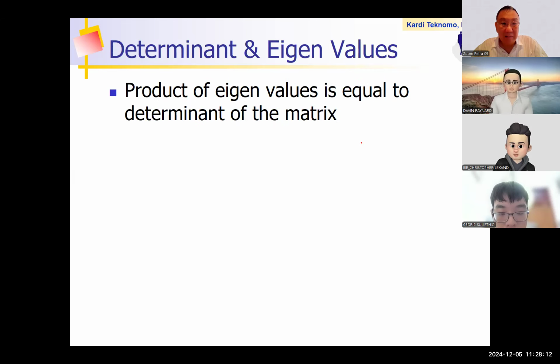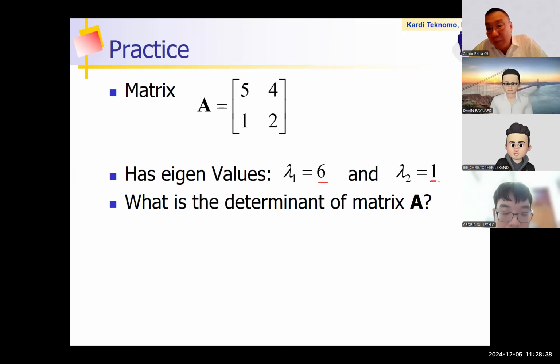A while ago, the eigenvalues are 6 and 1, and 6 multiplied by 1 is 6. Can you calculate the determinant of this? Determinant is AD minus BC, right? So 5 times 2 minus 4, so 6 also.